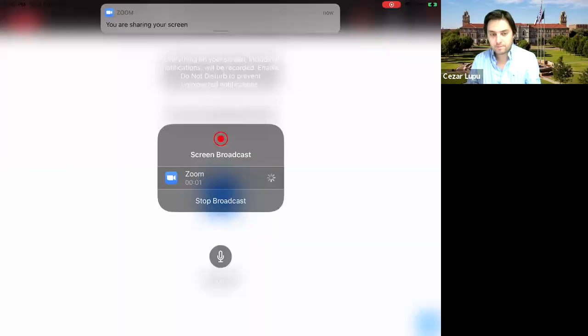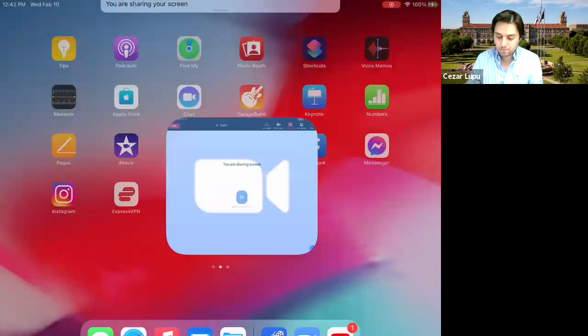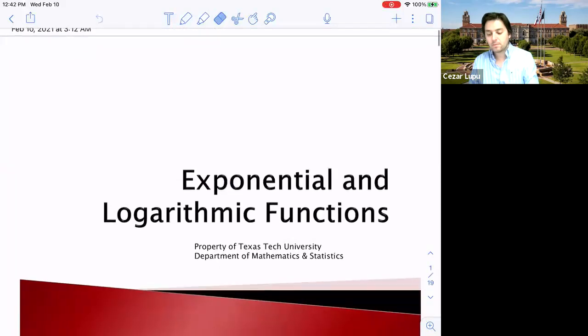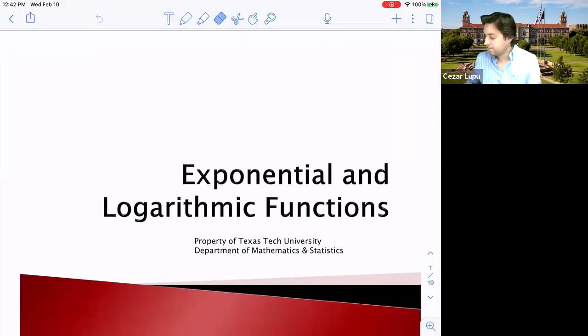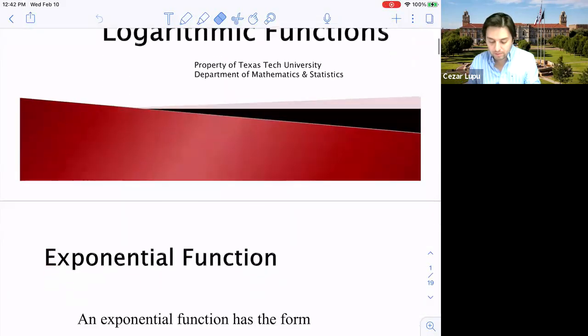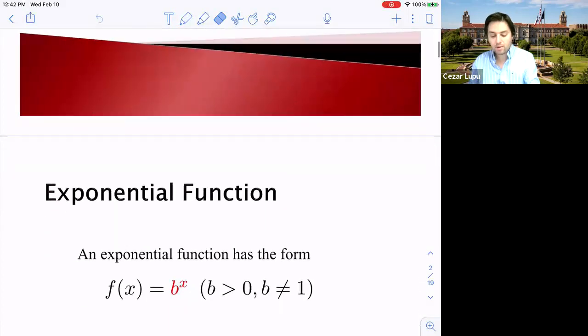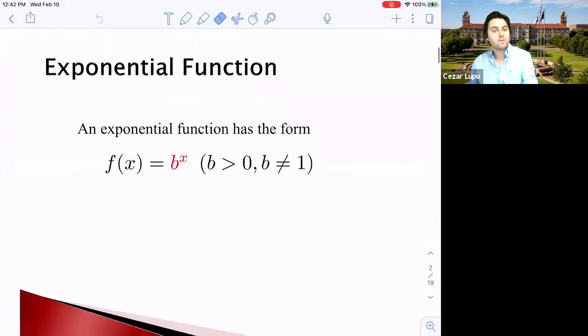So let me start first with the exponential function. And well, the exponential function is probably, as you know by now, defined in the following way. So that's the exponential function. As you can see, it is defined as the function which takes all the values x to b to the power x.